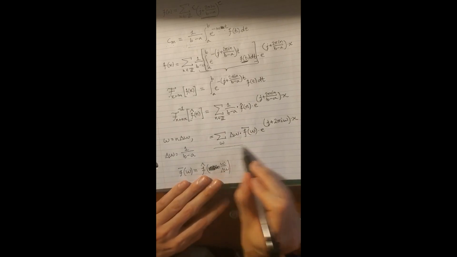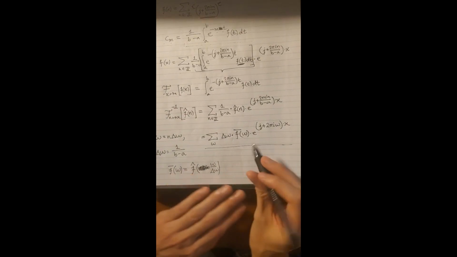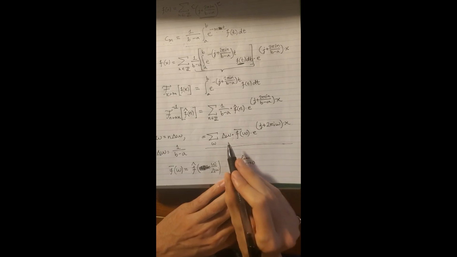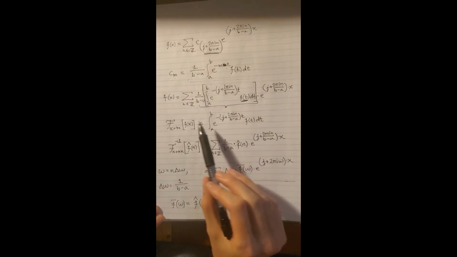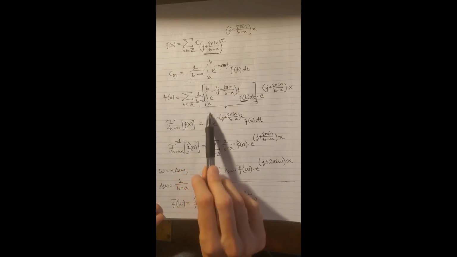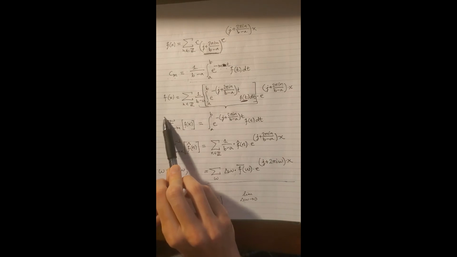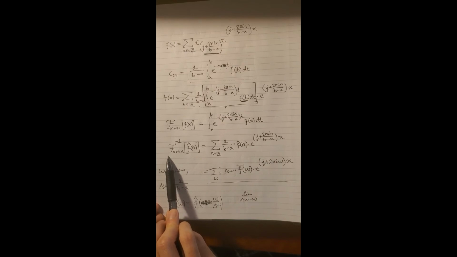So you can see that this is basically already an integral. As delta w goes to 0, this becomes an integral. And we can see already that they're inverses of each other. So this is a Fourier transform, and this is an inverse Fourier transform.